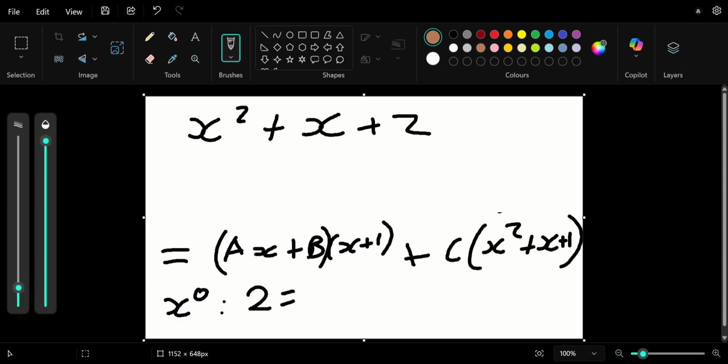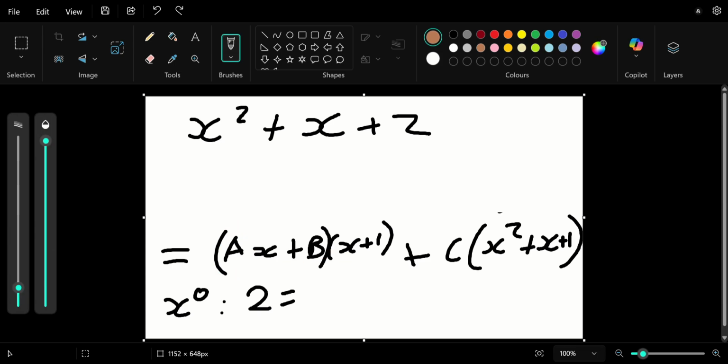So according to our partial fractions, we need to gather the like terms which don't have an x variable in them. So we take this a of x, we see that that makes an x squared, that makes an ax, so that's useless to us.